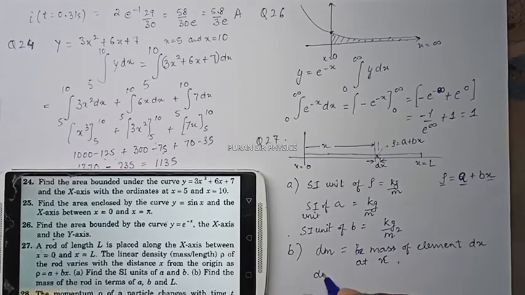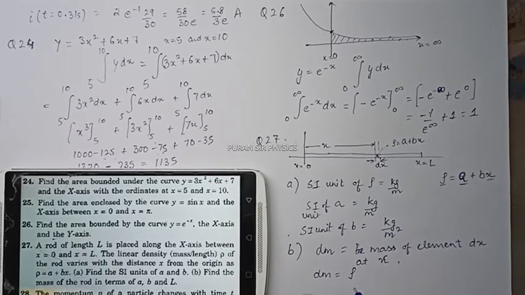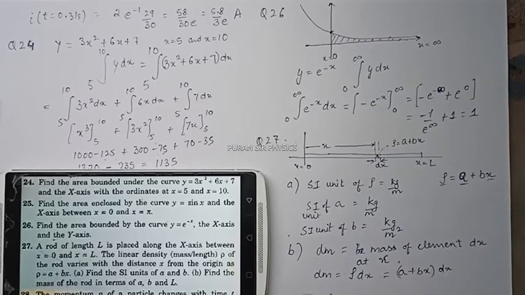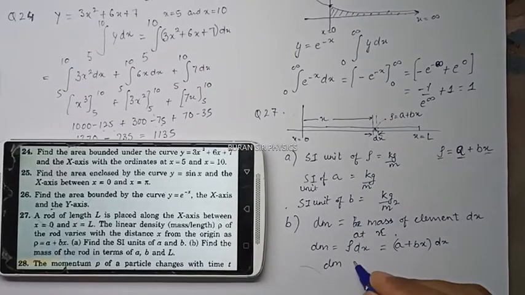So dm will be your linear mass density into its length. So it will be A plus Bx into dx. So we can find the mass of the rod by integrating this expression.